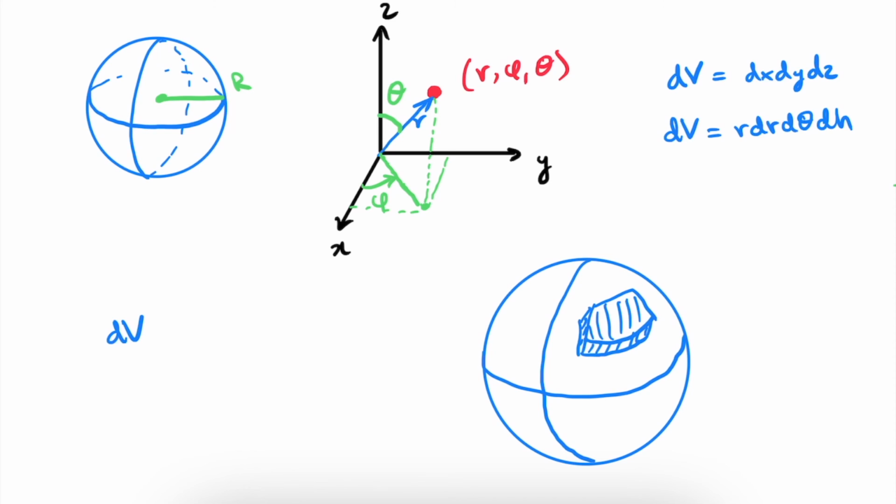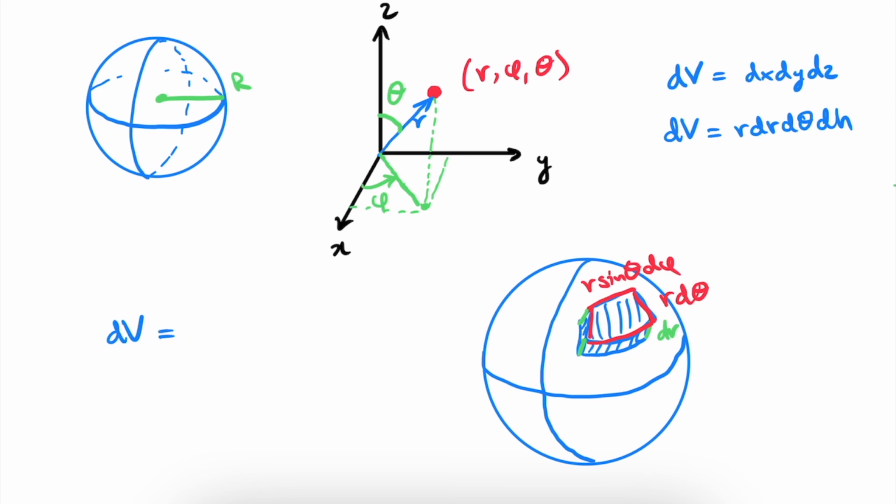However, what are now the dimensions of this volume element? Well, we know that in the depth, in the radial direction, it will simply be dr. In this direction, it will be r times sine of theta times d phi. And in the final direction, it will be r times d theta. And if it is not entirely clear how or why this is true, I refer you to my other dedicated video to calculating this specific surface element.